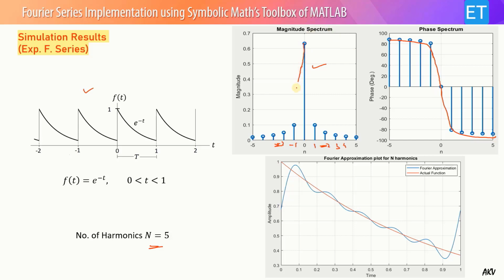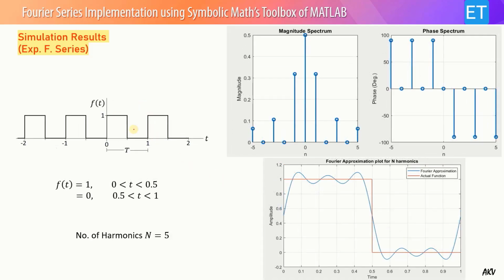So you can say that this is the ABCD of your Fourier transform. In this graph you can see your approximated function f(t), the blue one, and this is your actual function f(t). Let's see one more example.